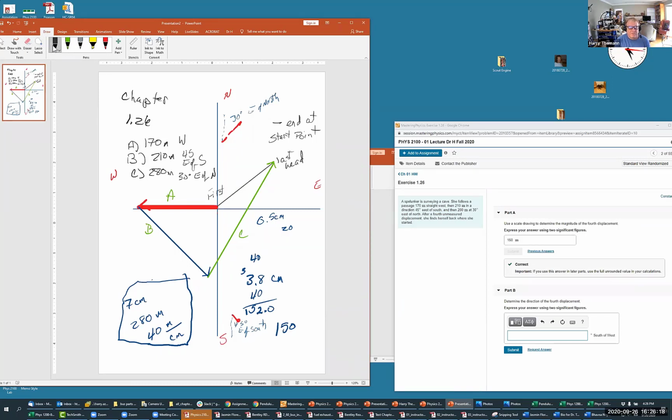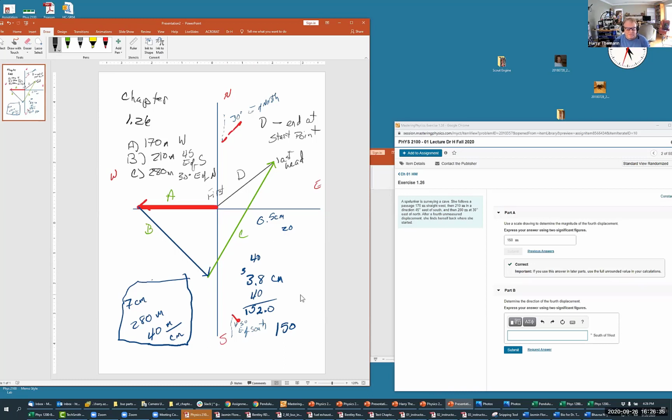We're going to just call it D. Because if I was adding A, B, and C together, the resultant would actually point up to here. I forgot about that.